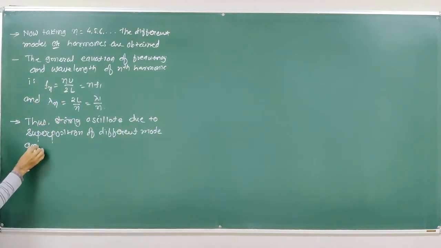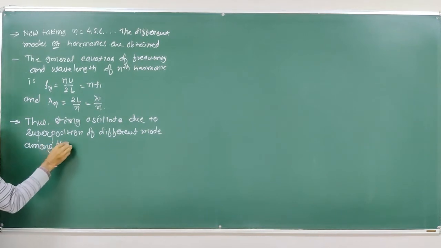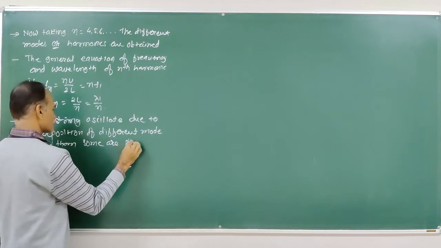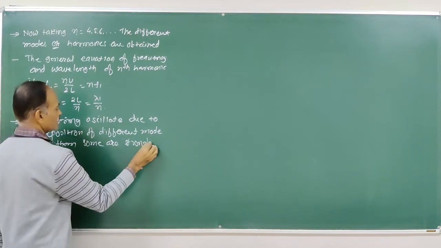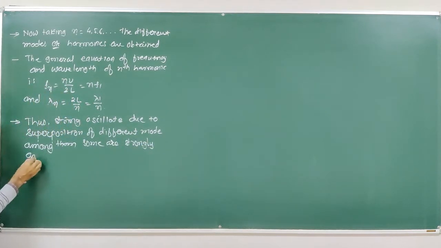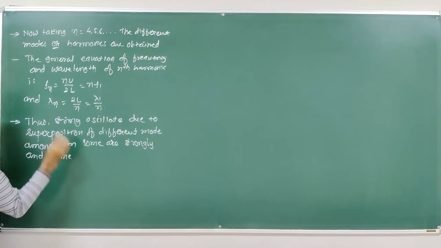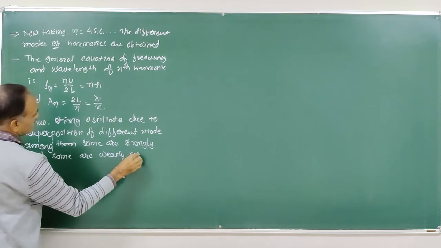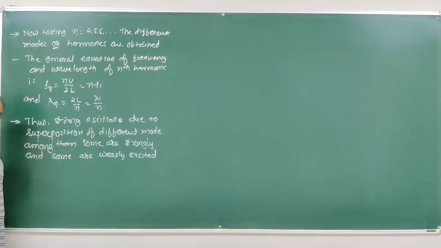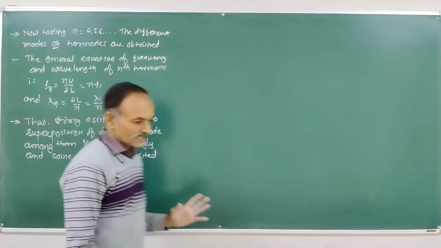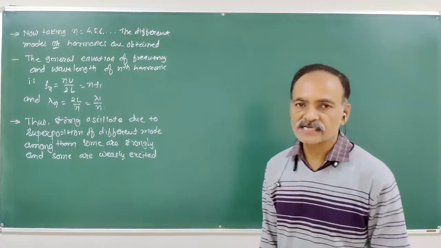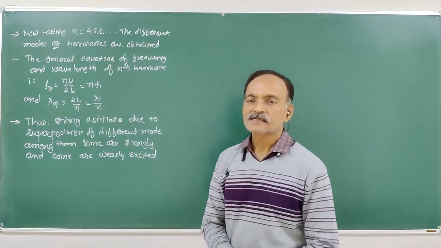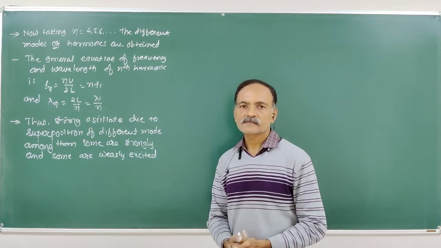Among them, some are strongly and some are weakly excited. So some are strong modes of oscillation and some are weak modes of oscillation, and due to the superposition of strong and weak different modes of oscillation, the string oscillates. Clear this?